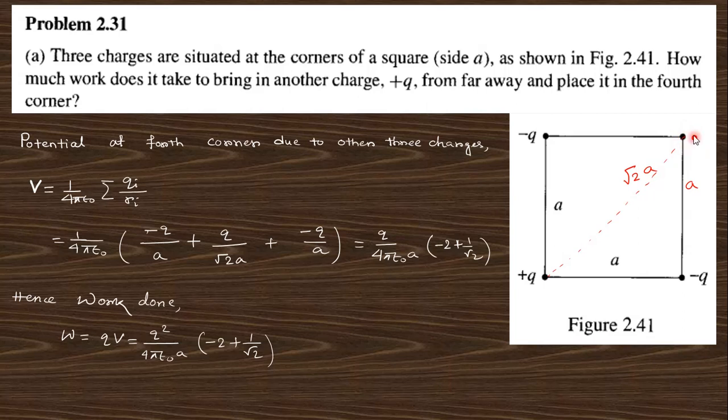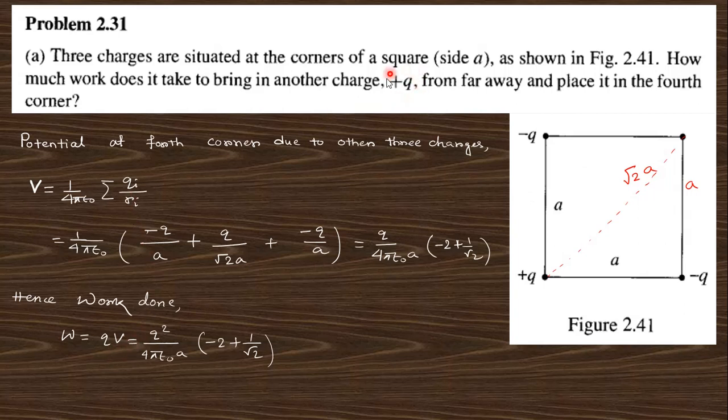Since this is the potential, the work done will be the potential multiplied with the charge at this point. This charge will be plus q, so the work done will be plus q into V. That is the work done on this charged particle: q into potential.